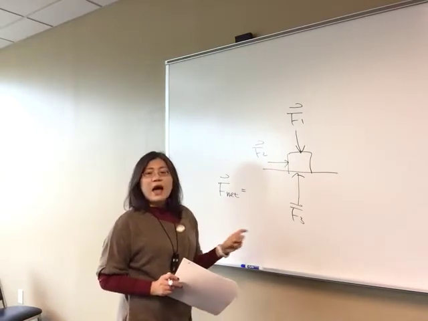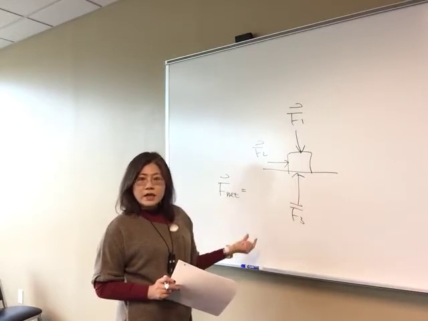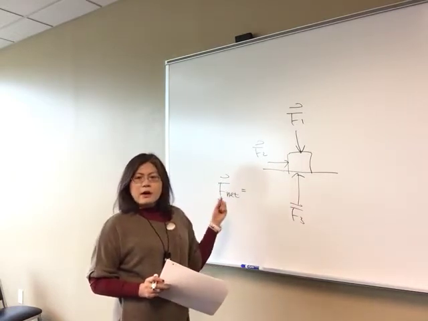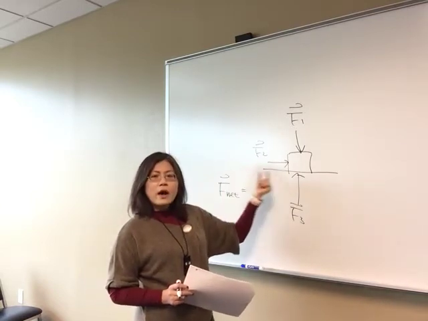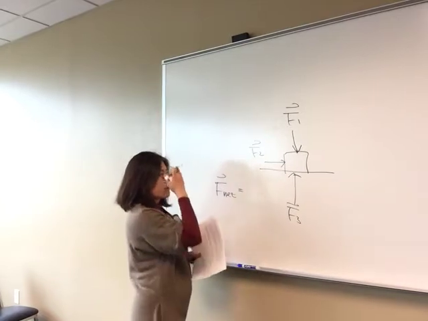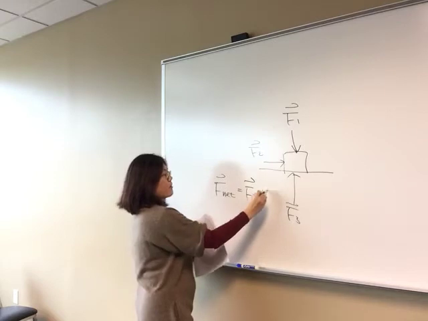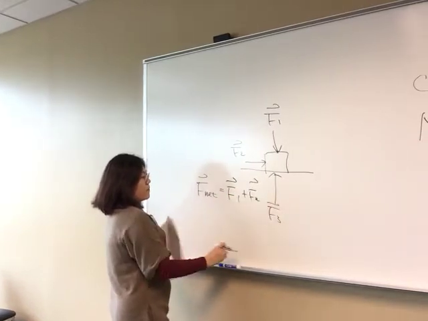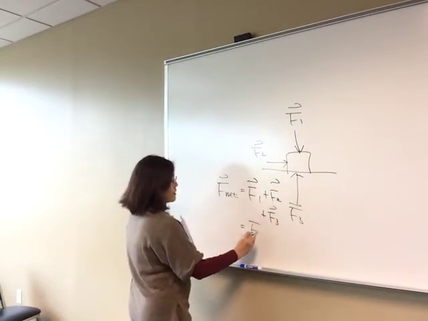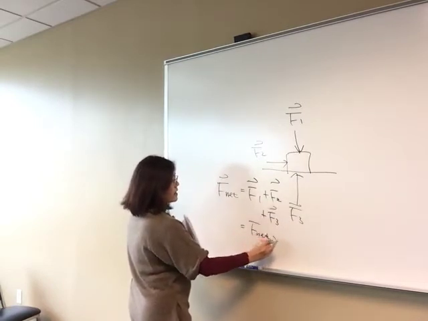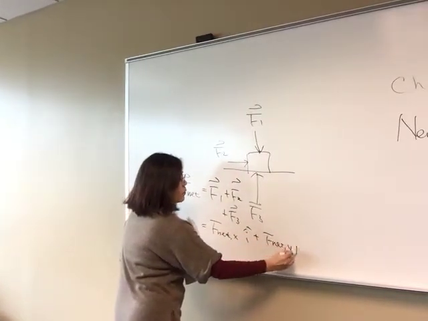In other words, you have to resolve the vectors into x and y components, adding all the x components together and putting an i hat to give a direction, and then adding all the y components together to give you the net y component. So the net force, in this case, will be the vector sum, vector F1 plus vector F2 plus vector F3, and you're going to have whatever net force in the x direction, i hat, and whatever net force in the y direction, j hat.